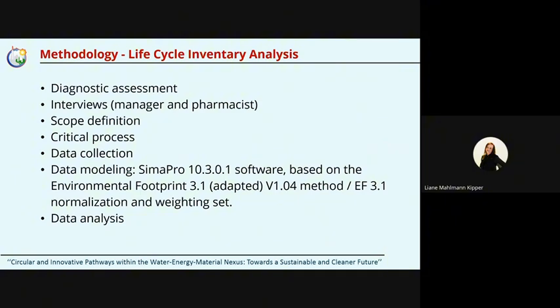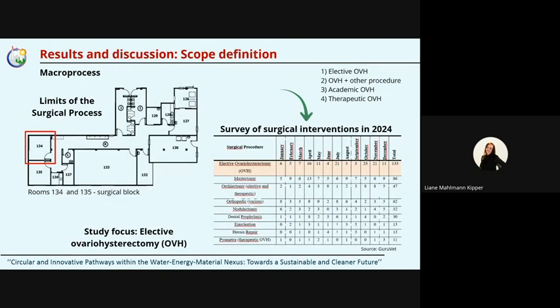The process was organized in the following stages: diagnosis assessment, interviews, scope definition, critical process identification, data collection, data modeling, and data analysis. Regarding the scope, the system's boundaries are related to the surgery unit, and all activities were described considering all inputs and outputs.